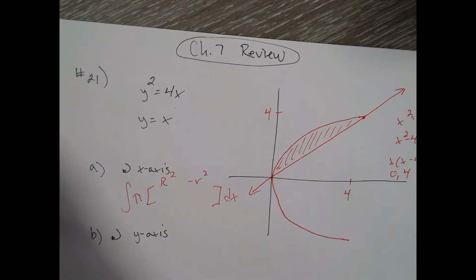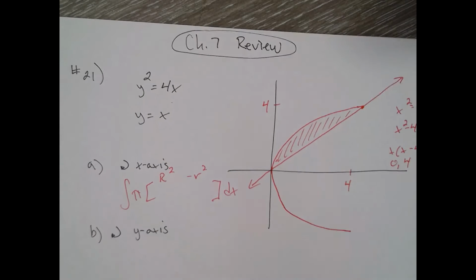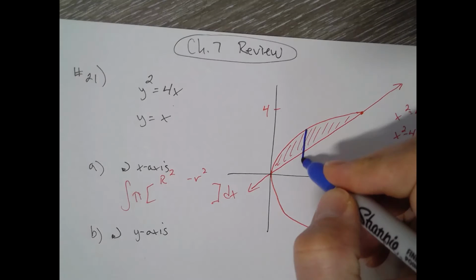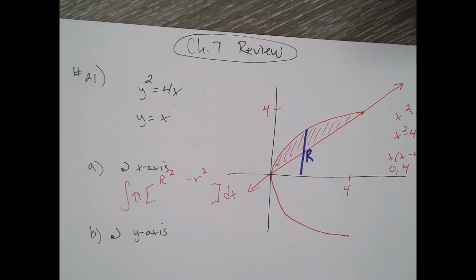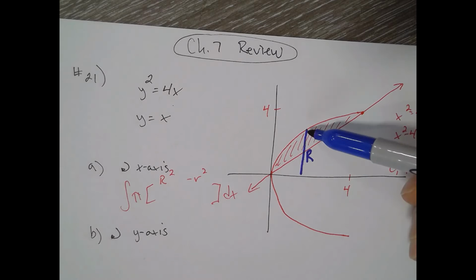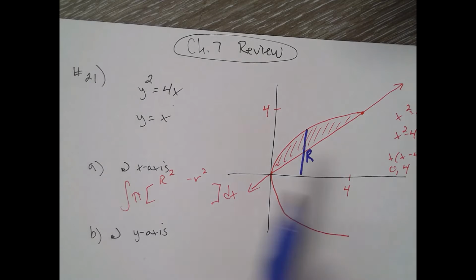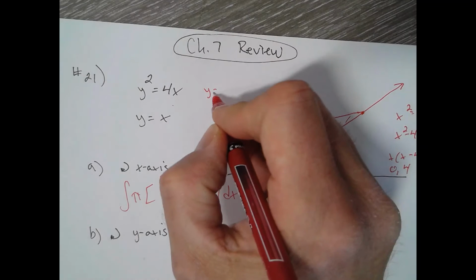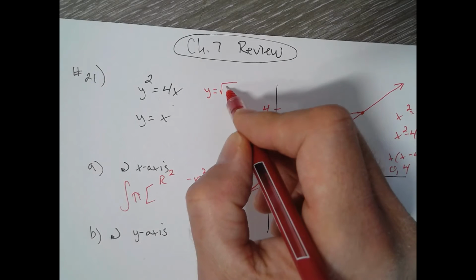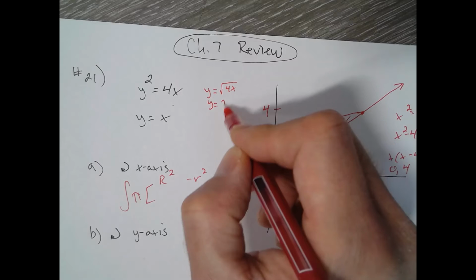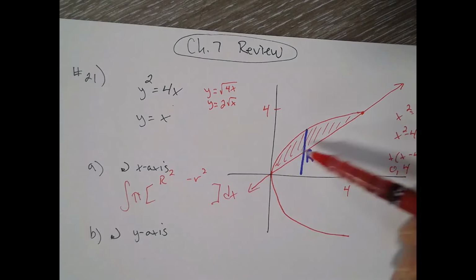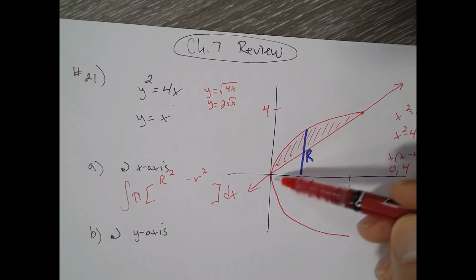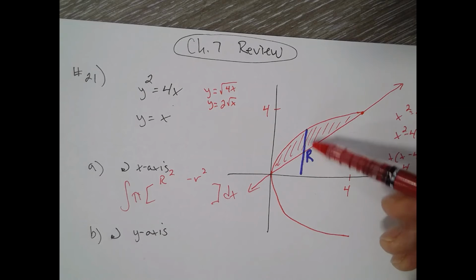Our big R here, that's our big R, would be y in this equation. So if you solved for y here, it's the square root of 4x, or I could call it 2 square root of x, like I said before. We only have to worry about the positive, the negatives are down below, but this is just y equals 2 square root of x.